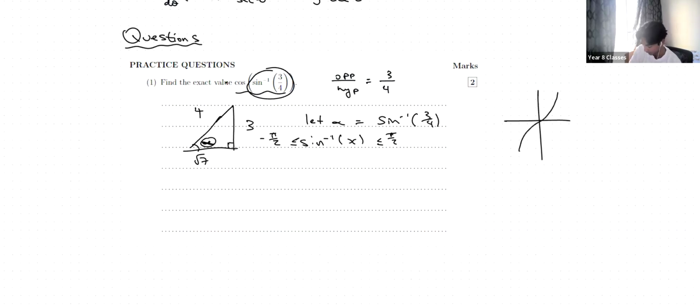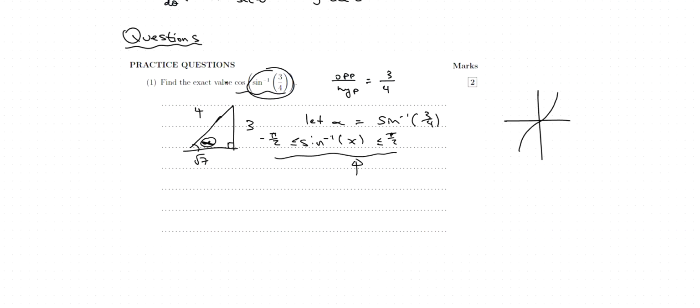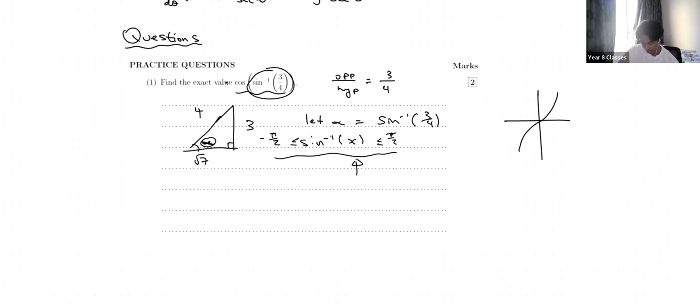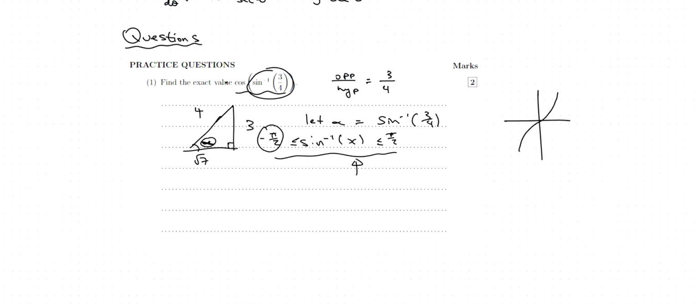So we know where it lies between. Which quadrants is this where the sine inverse lies between? The first and second. Is this the second? Oh, first and third. It'd be first and fourth.